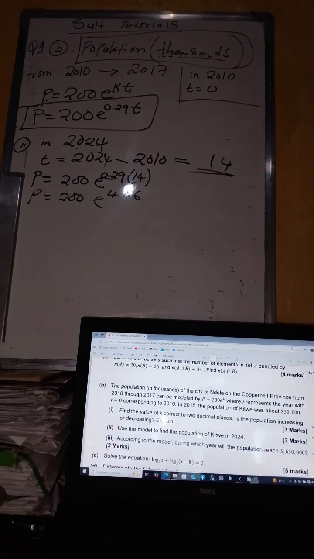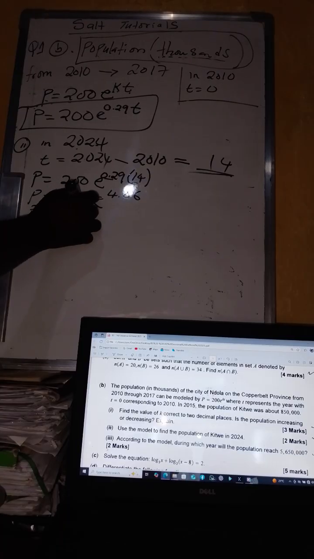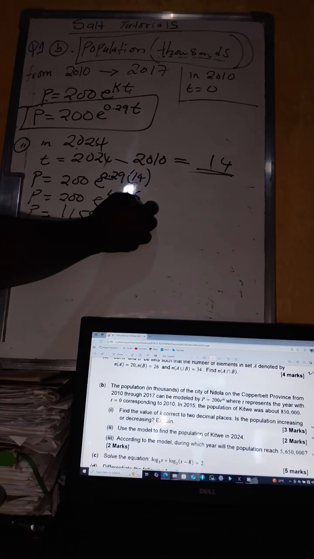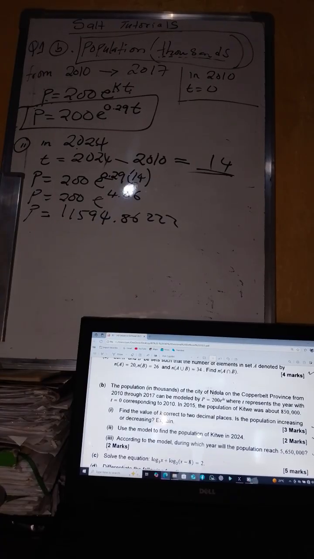I have something like P is equal to 11594, I think there's a point somewhere, .86222. I think so. My calculator is not simply visible. Let me just confirm again. Let me confirm for the second time.